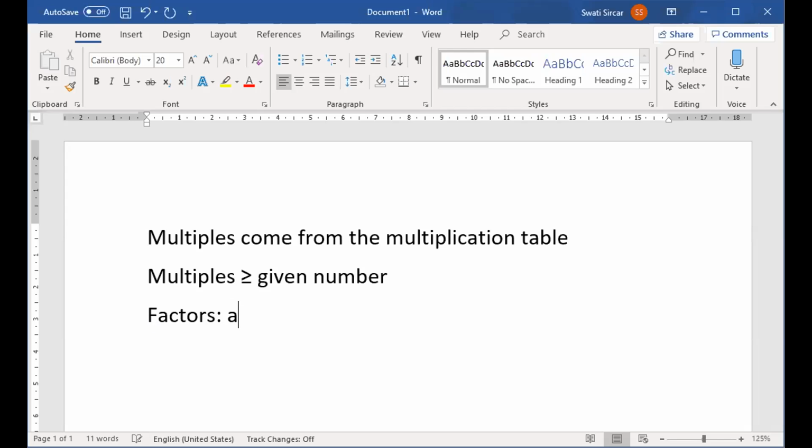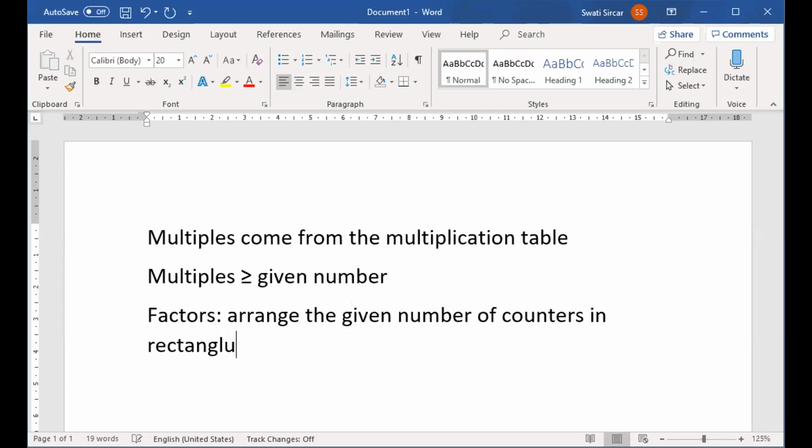Factors: arrange the given number of counters in a rectangular array.